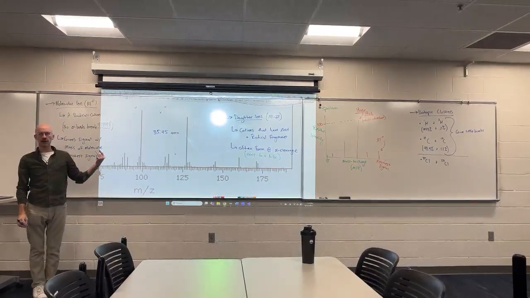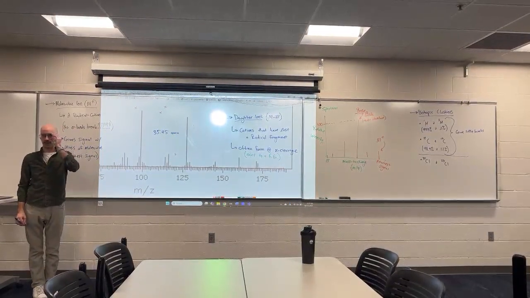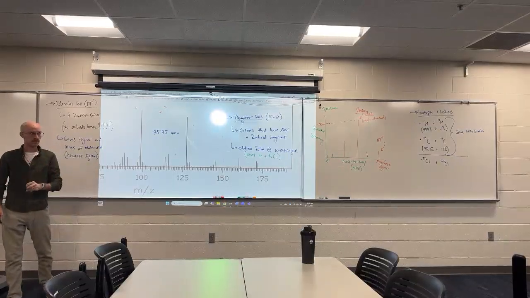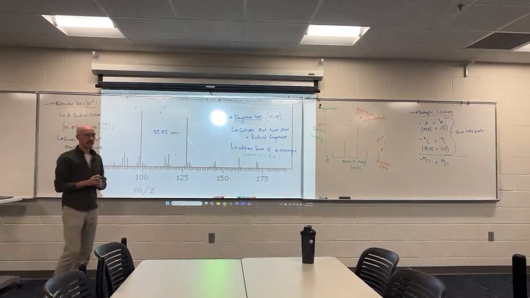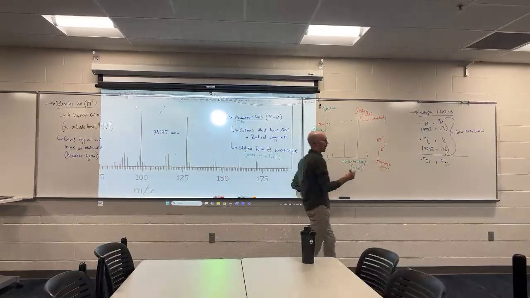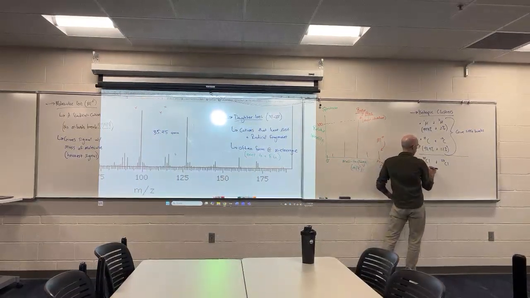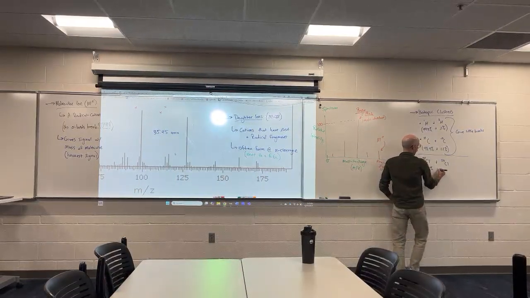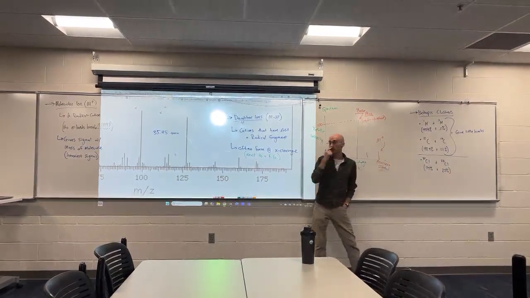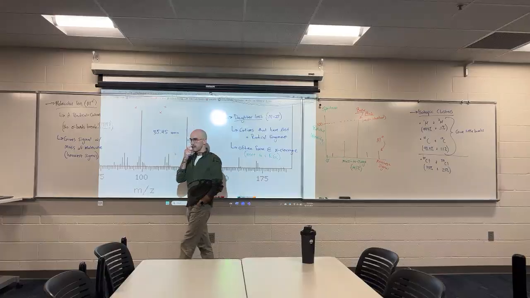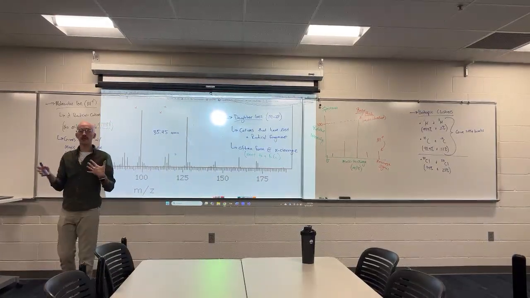So which of those two isotopes do you think is more abundant? Chlorine 35 is more abundant. In fact, the ratio is about 75% chlorine 35 to 25% chlorine 37, or a 1 to 3 ratio.